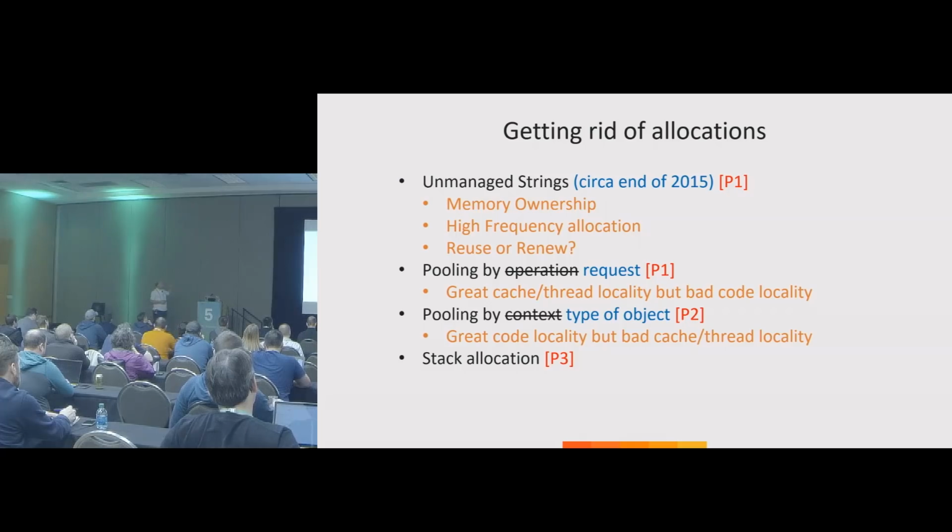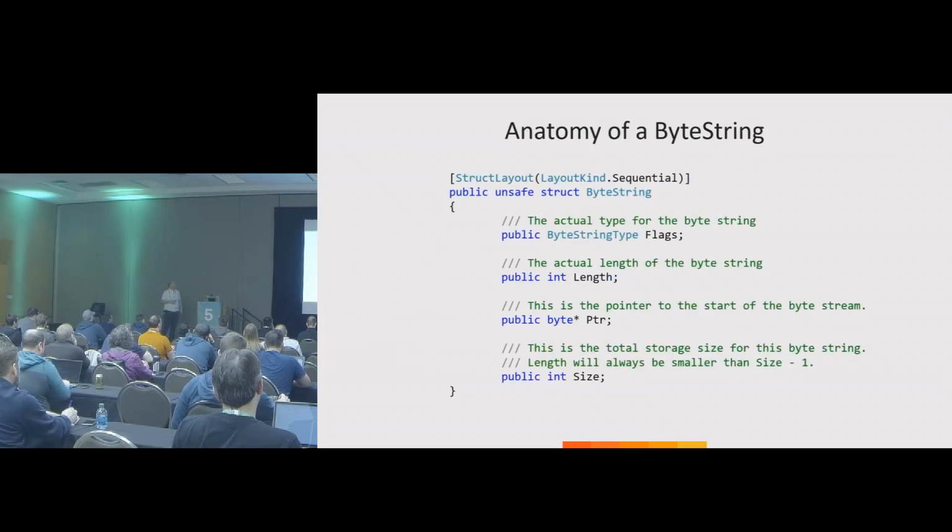We went down this road back in 2015, when Span didn't exist yet. But what I'm going to show you is how you can build Span-like abstractions in raw C# without needing the just-in-time optimizations specifically. So let's think about what we created at the time, which was the ByteString.